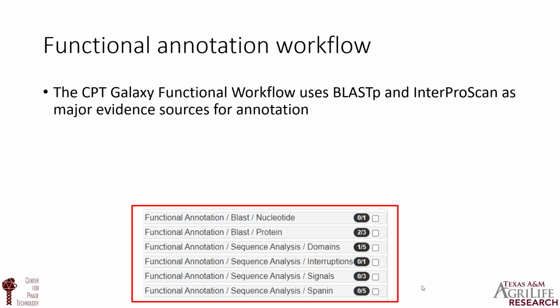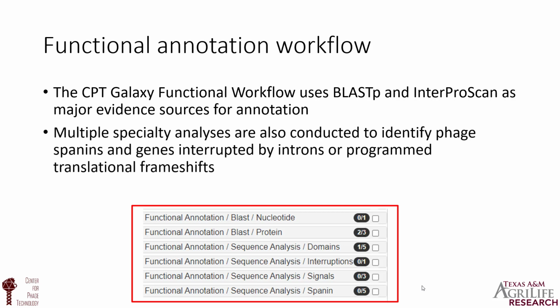The CPT Galaxy functional workflow uses BLASTP and InterProScan as the major evidence sources for annotation. There are also multiple specialty analyses that are conducted as part of this workflow to identify things like phage spanins, lysis proteins, and genes that are interrupted by introns or programmed translational frameshifts. The outputs of all those workflow components appear after the functional annotation workflow is completed.